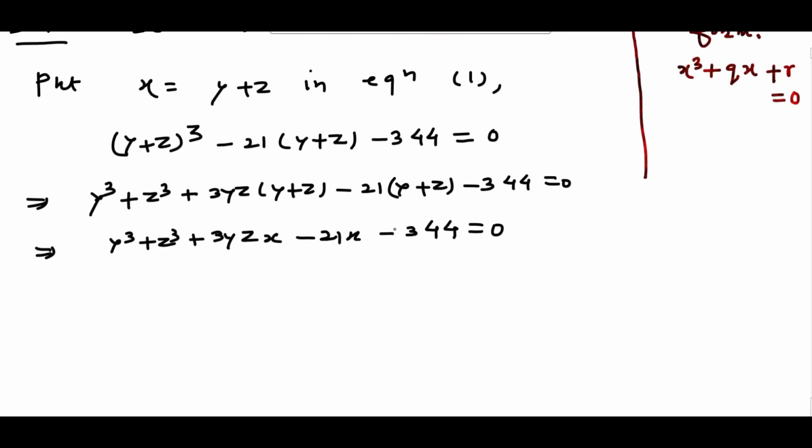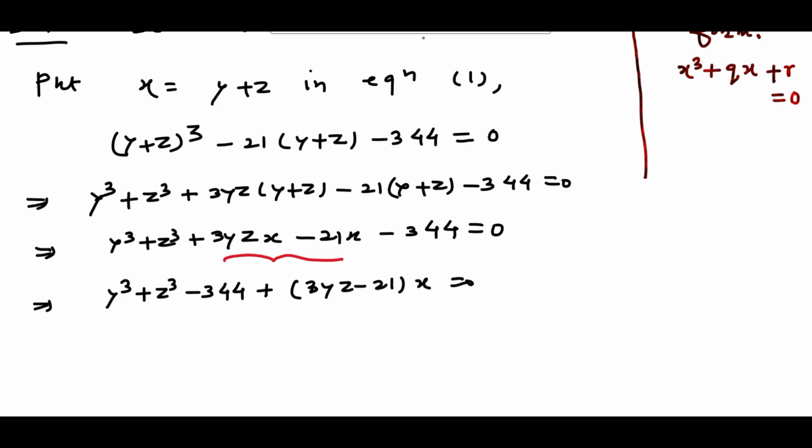So now further we need to write here y cube plus z cube negative 344. Now you can take the common x from these two terms, so it will give 3yz negative 21 multiplied by x is equal to 0.